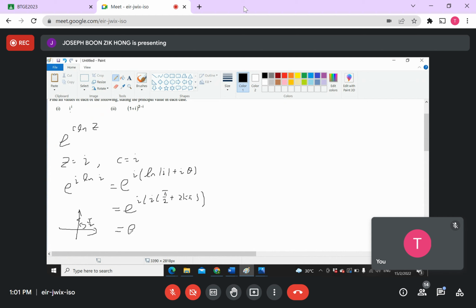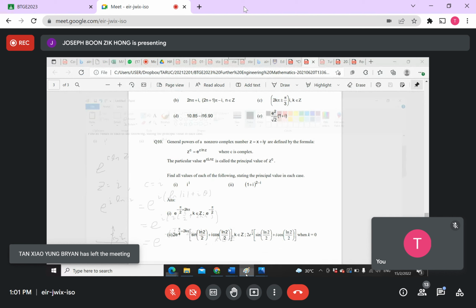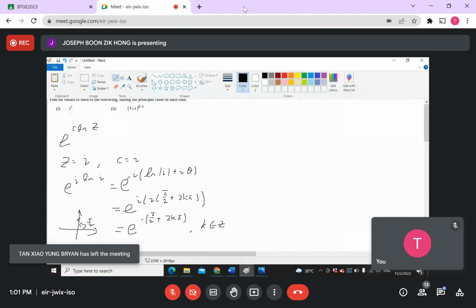So it will become e to the power of negative of pi over 2 plus 2k pi. Again, your k will be any integer. Negative pi over 2 plus 2k pi. Is it i or negative i?